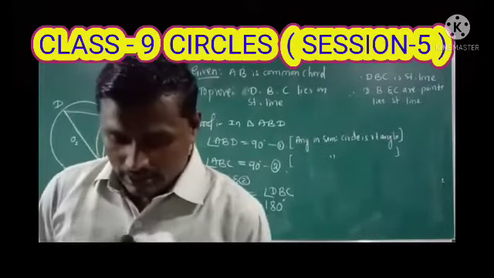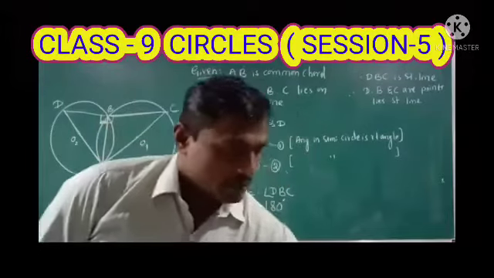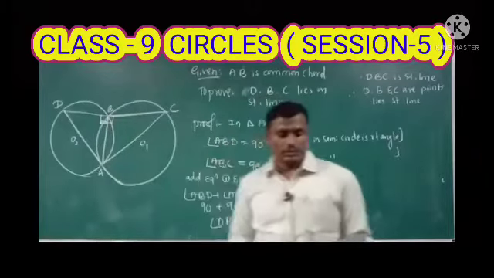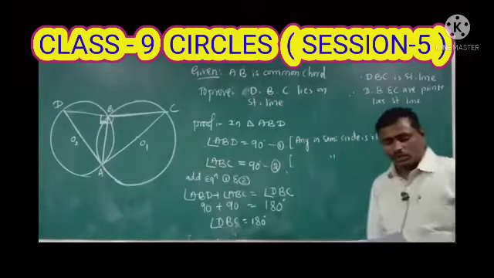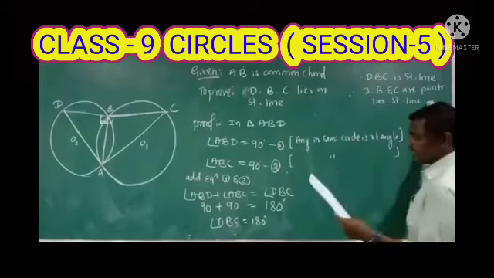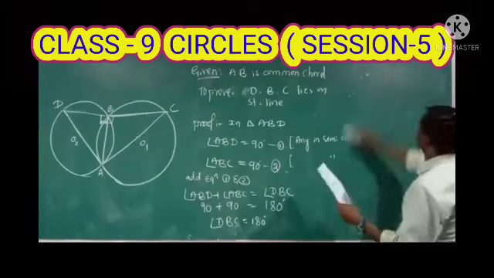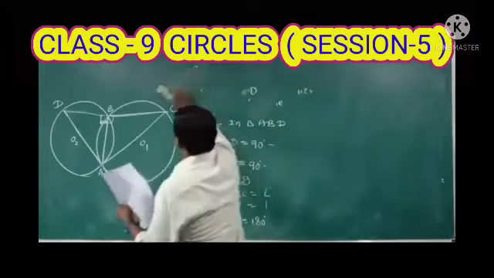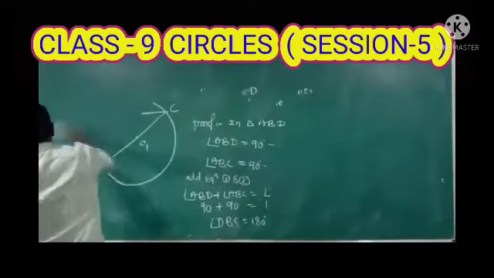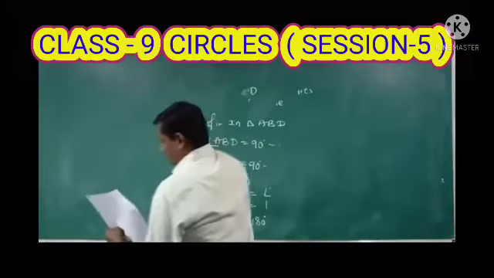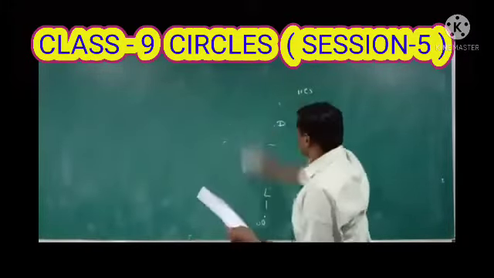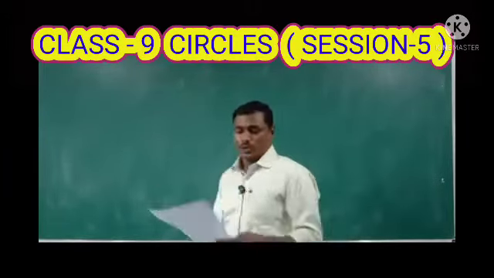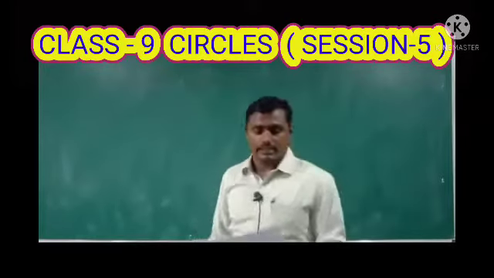Next, see the fourth question. In the fourth question, the length of the common chord of two intersecting circles is 30 centimeter.